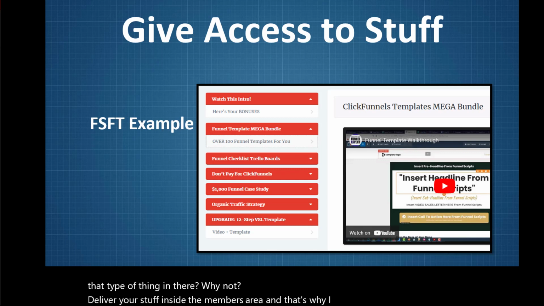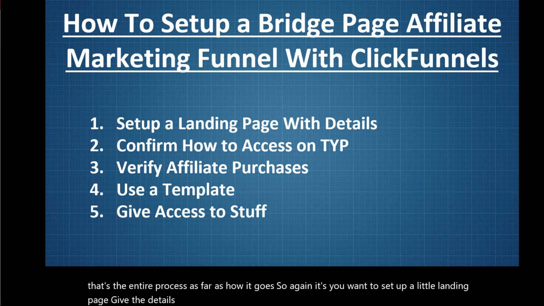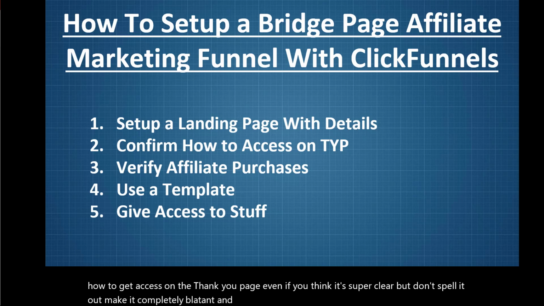So that's it. That's the entire process as far as how it goes. So again, you want to set up the landing page, give the details of your awesome affiliate bonuses, confirm, make sure they understand how to get access on the thank you page. Even if you think it's super clear, spell it out, make it completely blatant and obvious, right? Third step, verify the affiliate purchases. When somebody sends you an email, make sure that it shows up in your dashboard.